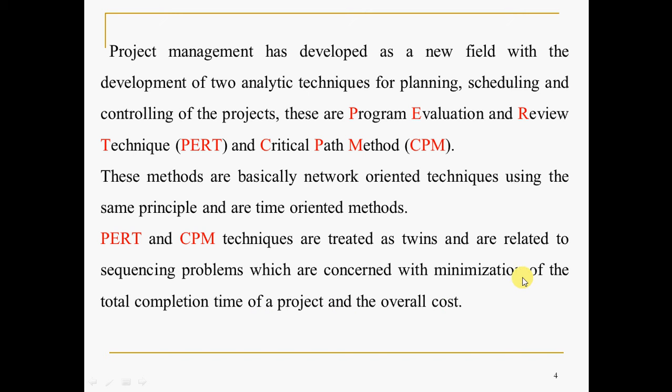The basic concept of PERT and CPM is to optimize the overall cost and time required to execute a project. They are treated as twins in the sense that the concept is more or less the same, but depending upon the nature of the data, a particular technique may be used. Either PERT or CPM will be used depending upon the nature or type of the problem. That we are going to discuss at a later stage.